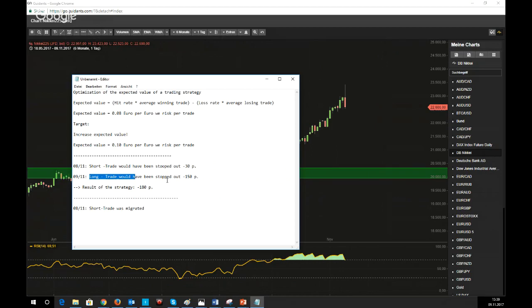So all in all, I probably might only have lost 0.7% on this short trade if the market moved on to higher highs. But I would have made this here with the long trade on the other hand. So that was the risk I was taking here, but I was willing to take this risk. And so I migrated the short trade here and didn't take the loss of minus 30.